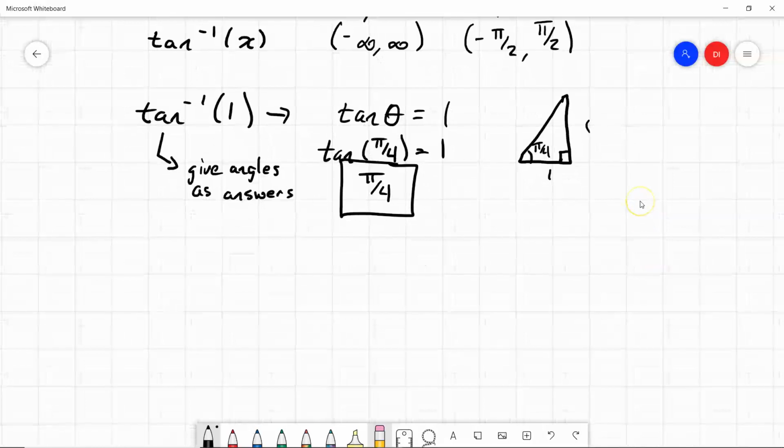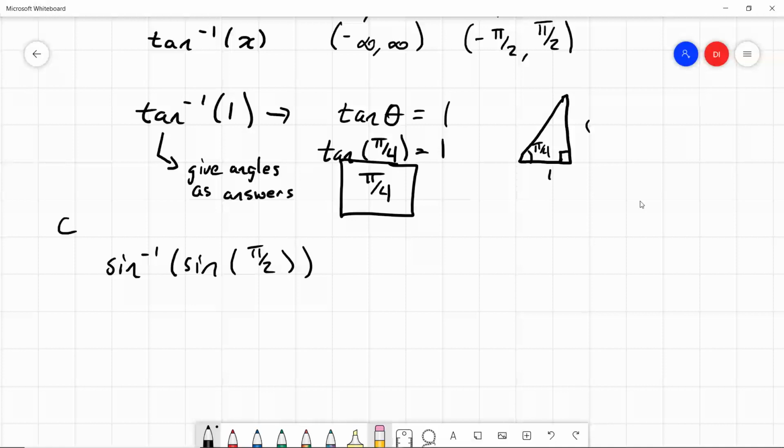Okay, so what happens when we combine tangent inverse with just another regular function? We learned about things called the cancellation equations, right? So things like sine inverse of sine of pi over 2. The cancellation equations had two requirements. One of them was that it was the same function, and we see that is the case here.